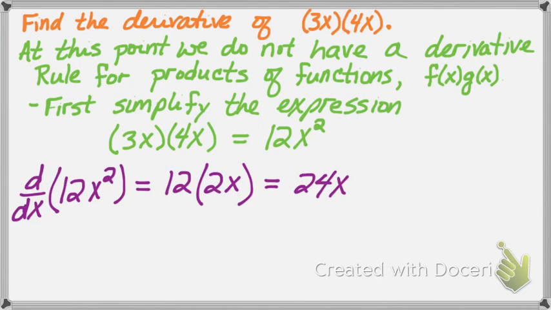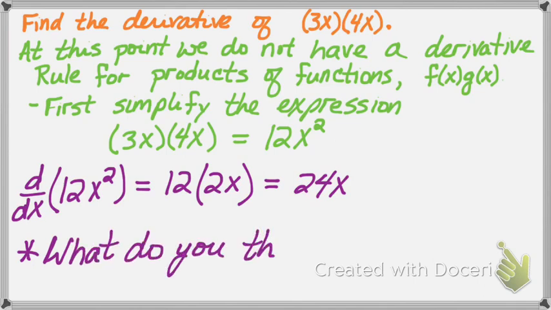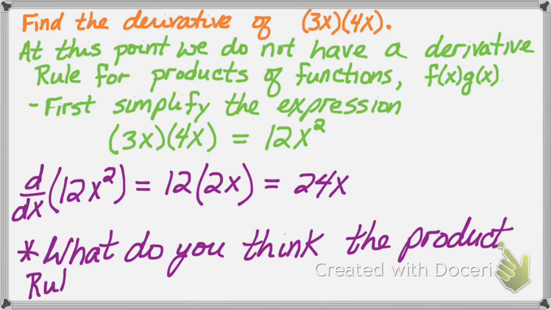But what if we were working with more complicated functions that we were not able to algebraically simplify to start? This is where we would have a product rule. What do you think the product rule for derivatives would look like?